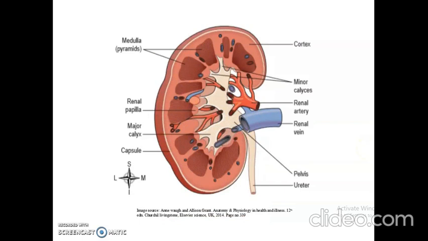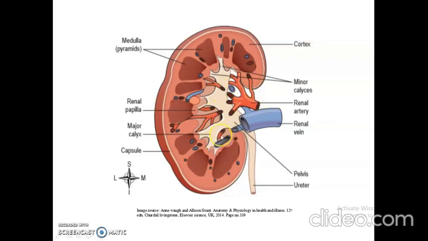Let us discuss the internal structure of the kidney, that is, the gross structure, the different parts of the kidney and their functions. In this image, you can see the longitudinal section of the right kidney.